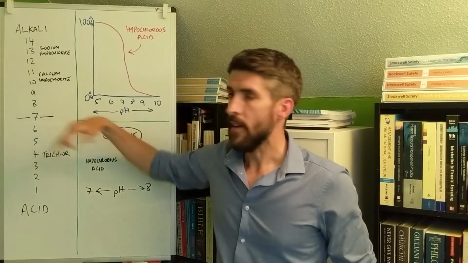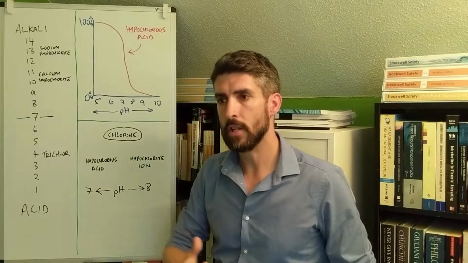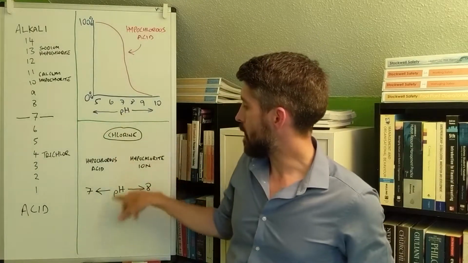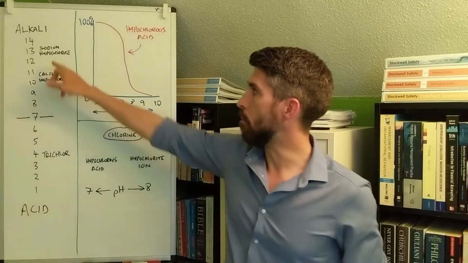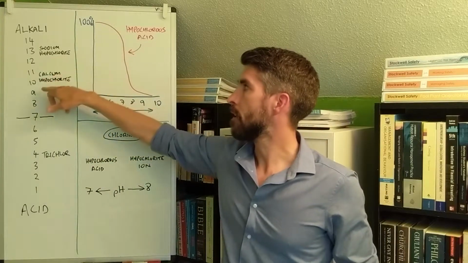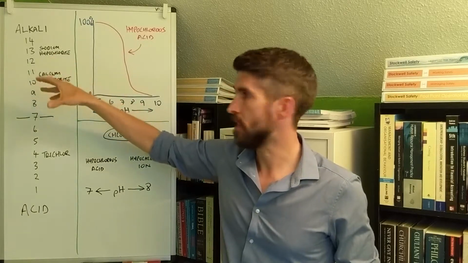So if you're using those as disinfectants, you're going to be pushing the pH level up, way beyond 8, because eventually your pool water would end up becoming pretty close to the pH of your disinfectant.